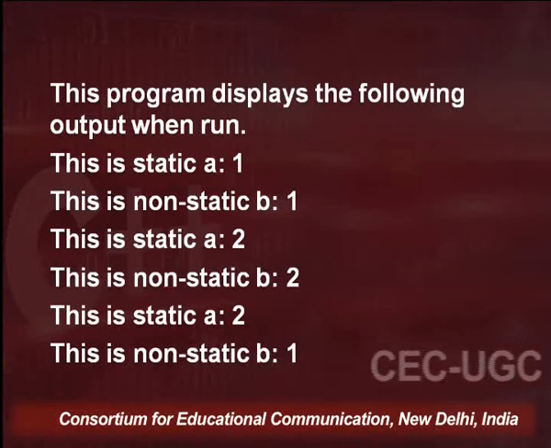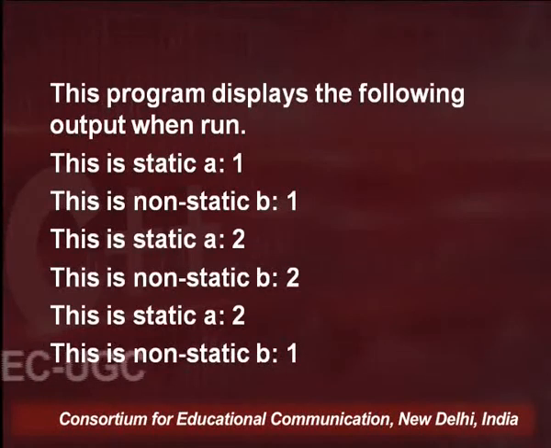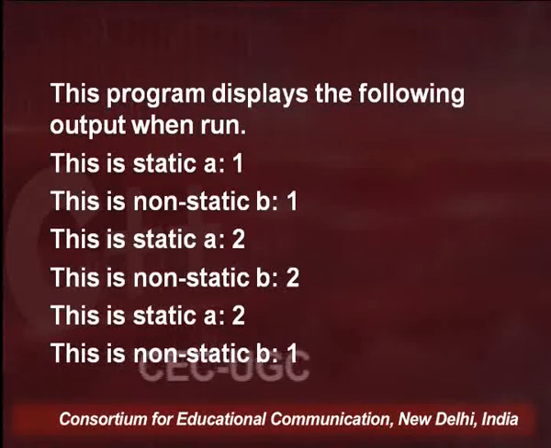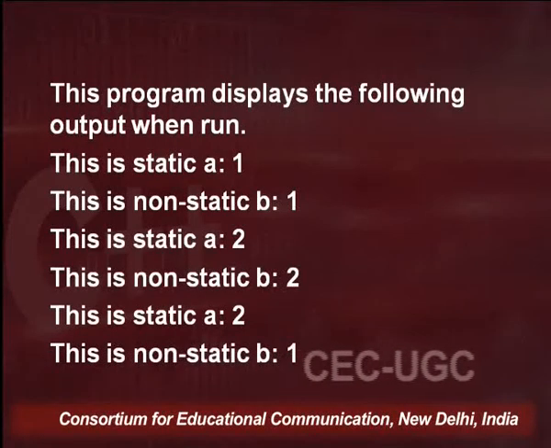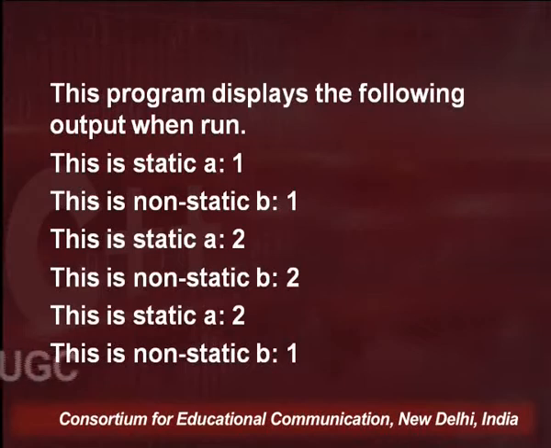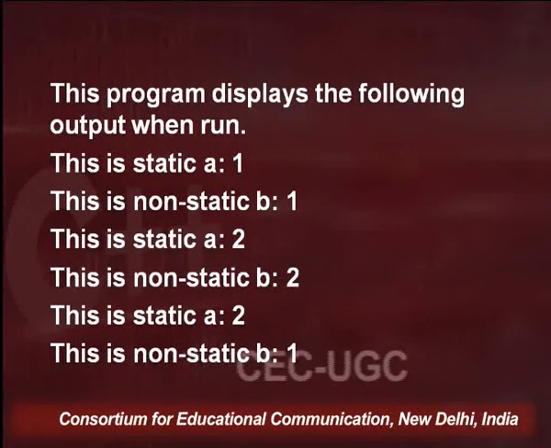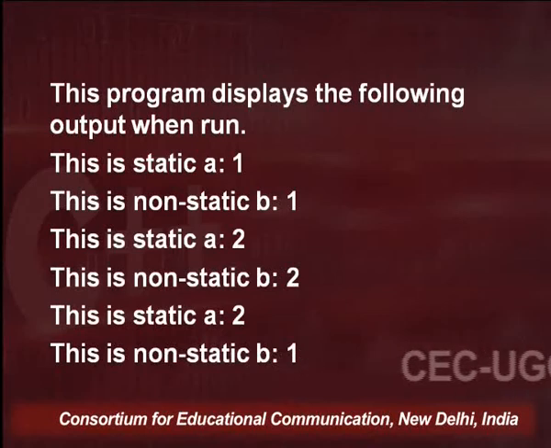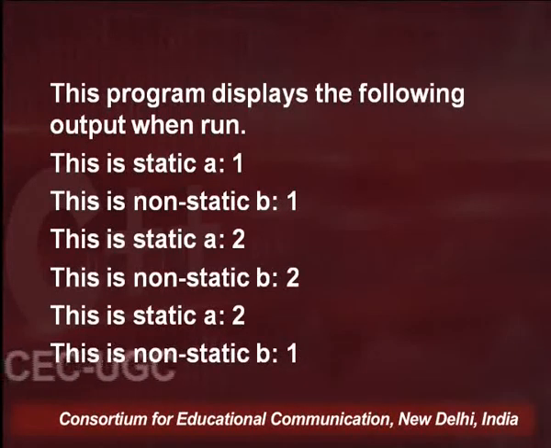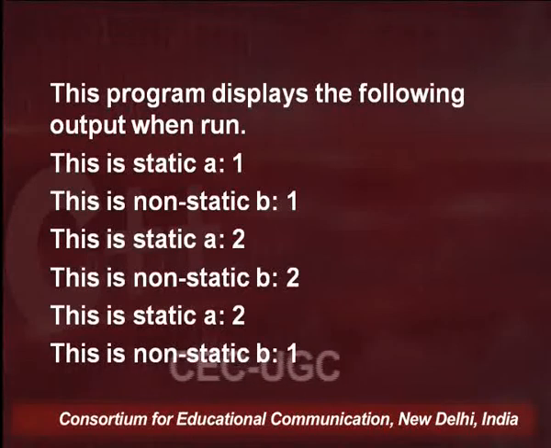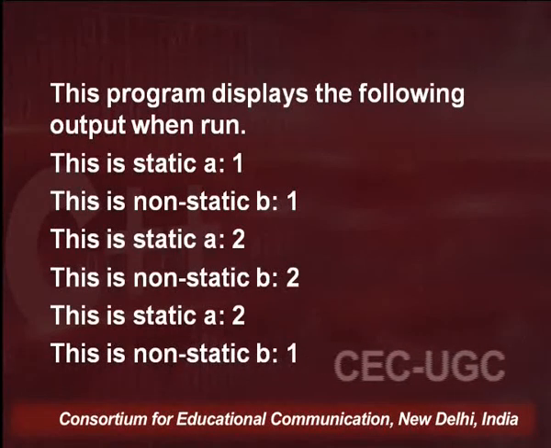So a was assigned 1 by x, then assigned 2 by y, and now again when x is going to show, it is going to get 2, which is the recent value set by y. While in the case of b, there is a copy of variable b for object x, and there is a copy of variable b for object y as well.